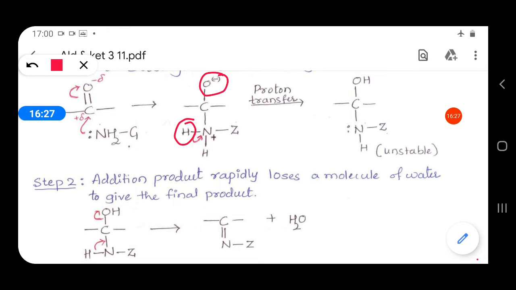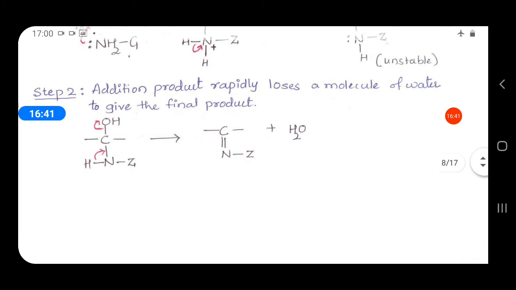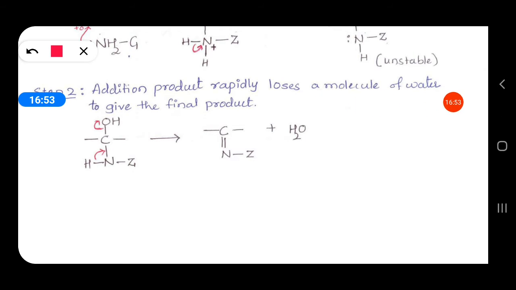So this intermediate is formed with a C single bond N, and nitrogen gets its lone pair of electrons, but it is still unstable. So in the next step, the addition product which is formed in the first step rapidly loses a molecule of water to give the final product.